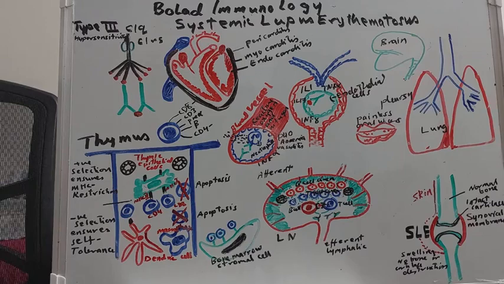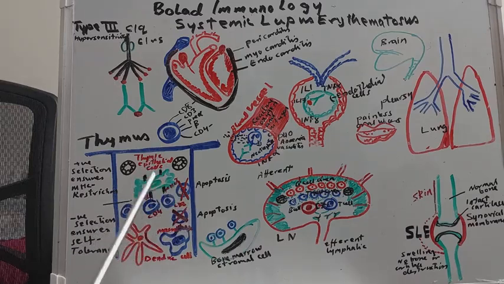The thymus gland looks like a school. So T lymphocytes come to the thymus to get education. As the cortex, this is a cut section. These are trabeculae. This is the capsule of the thymus gland. So immature T cells enter through high endothelial venules and interact with the thymic epithelial cells. These thymic epithelial cells express major histocompatibility class 1 and class 2.